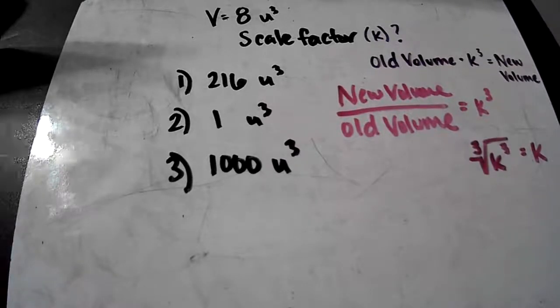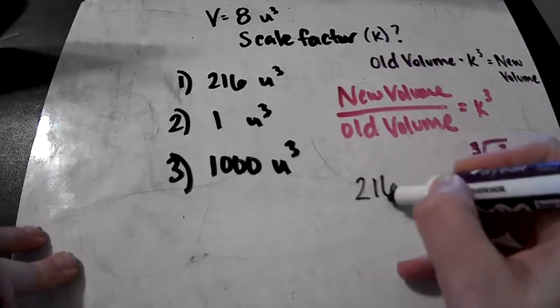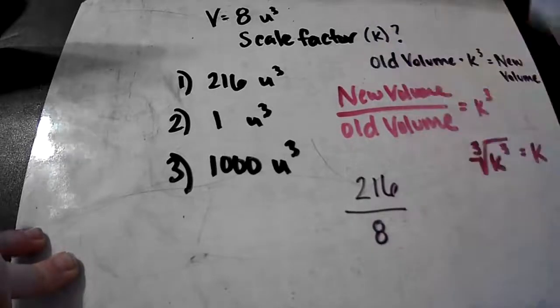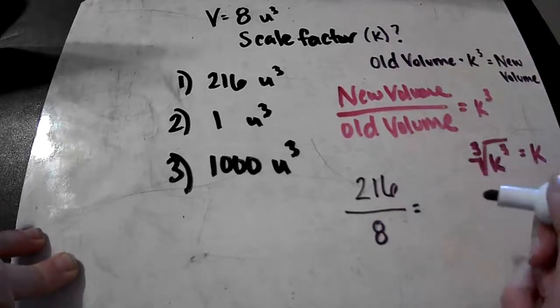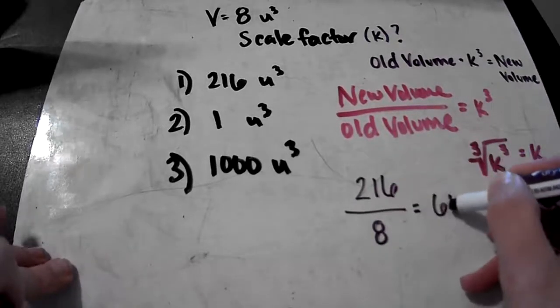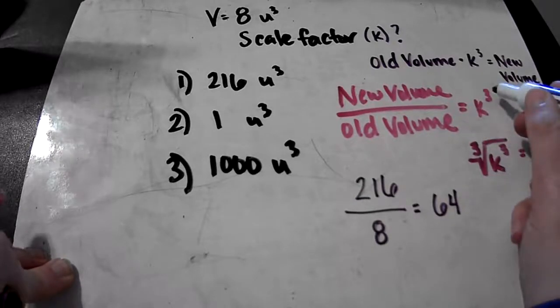So on number 1, our new volume is 216. Our old volume was 8, right? That was the original volume. If I do 216 divided by 8, I get 64. Now remember that 64 is k cubed.